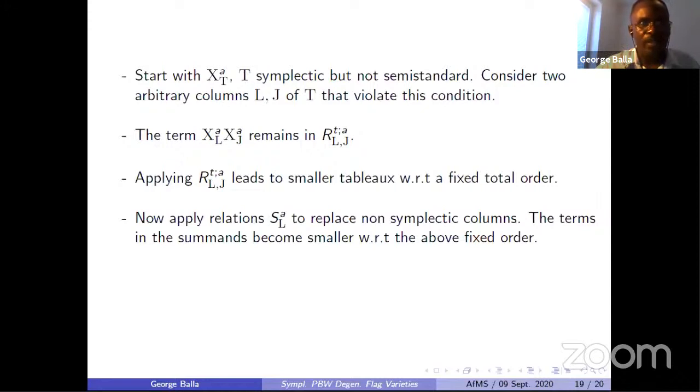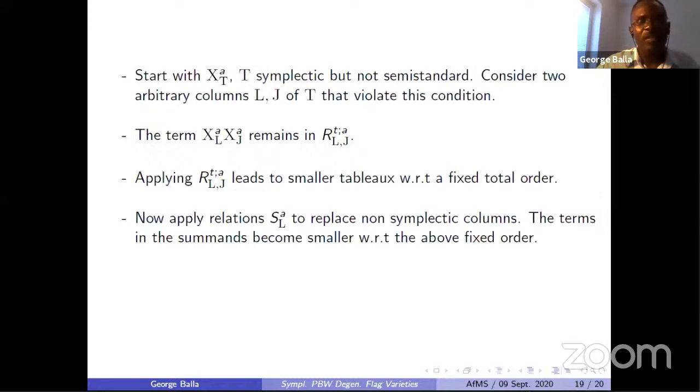Now, what remains is to make sure that every tableau appearing will be symplectic. Because these relations are exchange relations, when you exchange, it is possible that some column will become non-symplectic because you're moving around indices. But you want to make sure that in the end, after the process of exchanging, everything will become symplectic and semi-standard. So we can use the degenerate version of the linear relations we saw before.